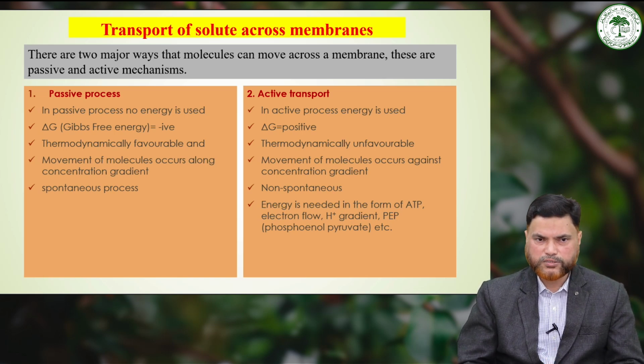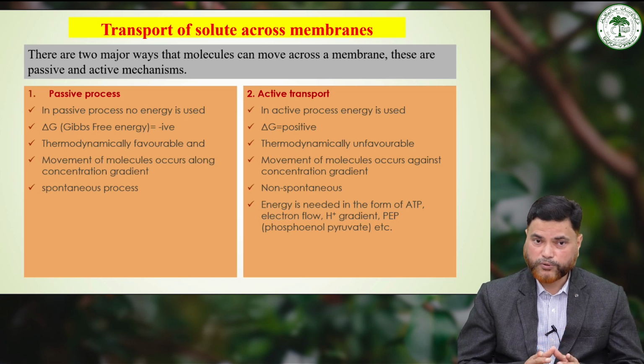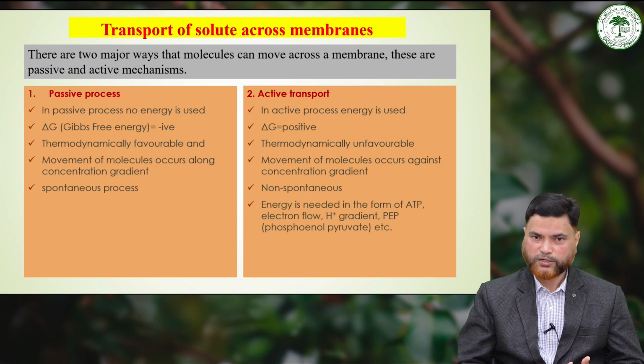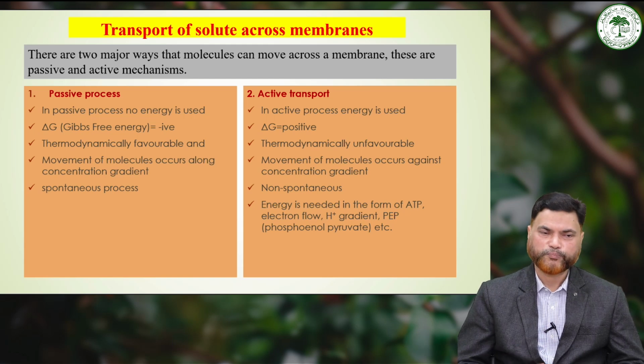Generally in the passive process, movement of molecules occurs along the concentration gradient. This statement is very important: movement of molecules occurs along the concentration gradient, not against it. But in active transport, movement of molecules occurs against the concentration gradient.